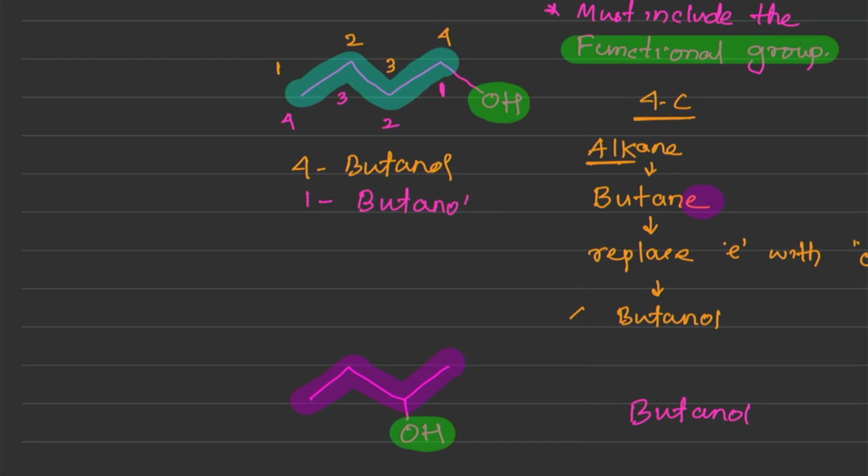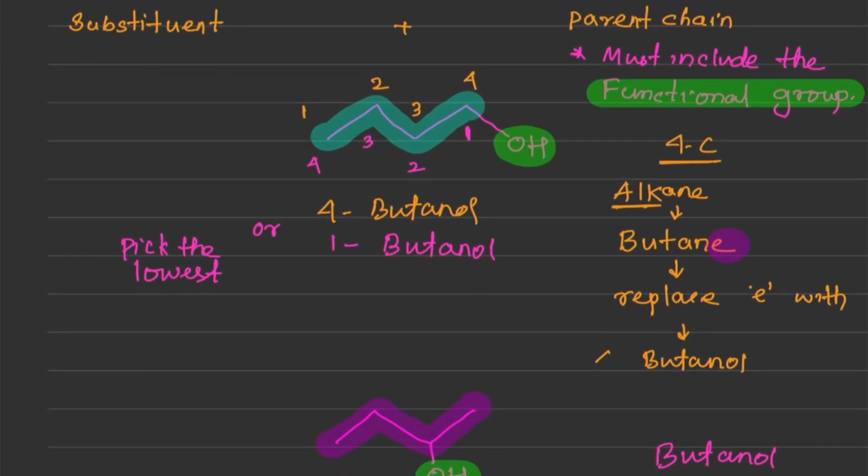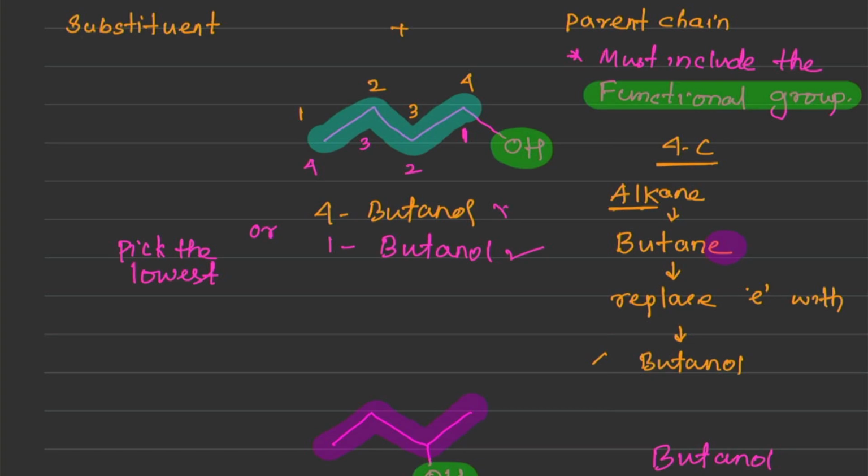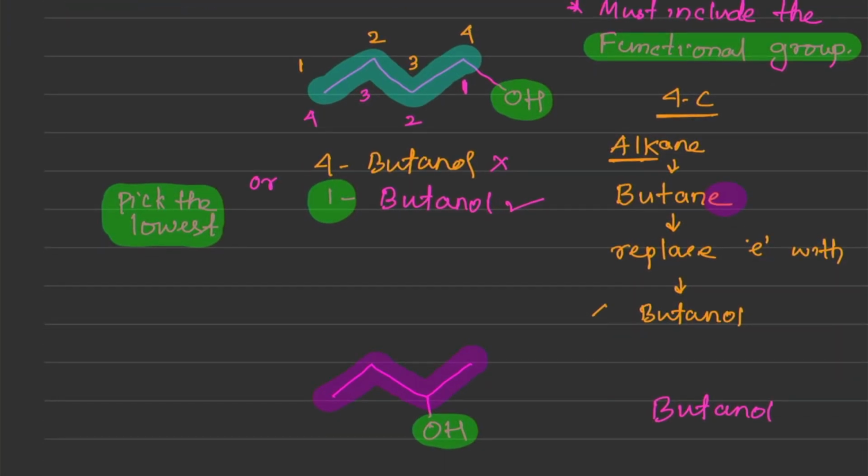So you have two choices: either you can call it 4-butanol or 1-butanol. You have to pick the lowest number. Between 1 versus 4, the lowest is 1, so we'll be calling this 1-butanol. This is our final name: 1-butanol.